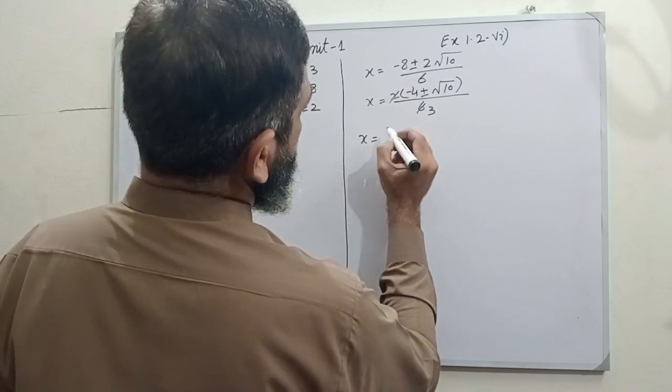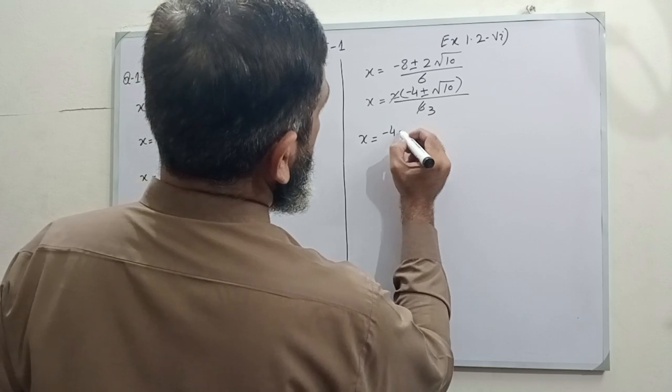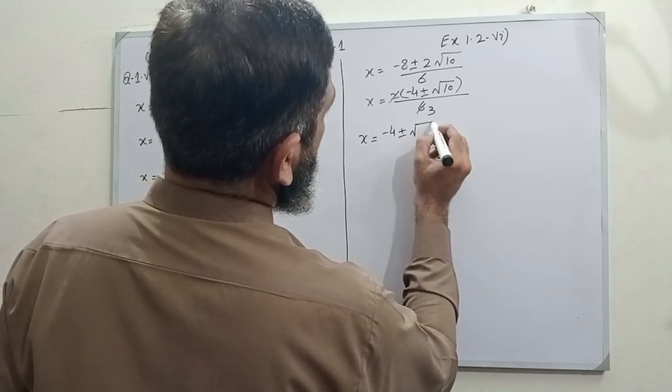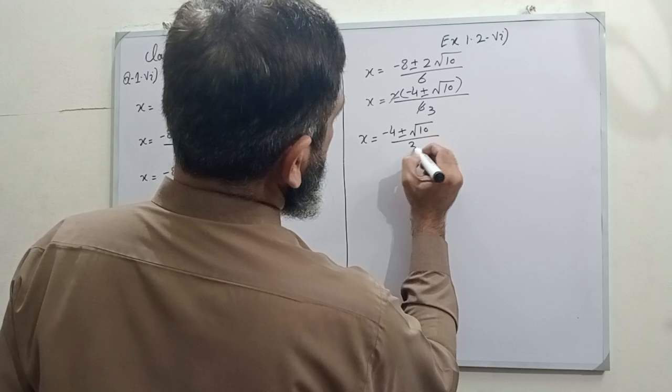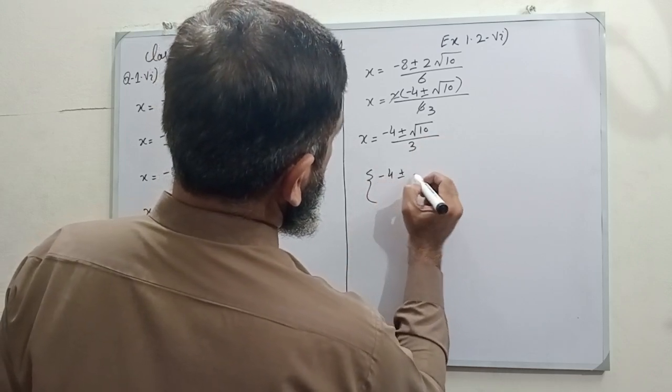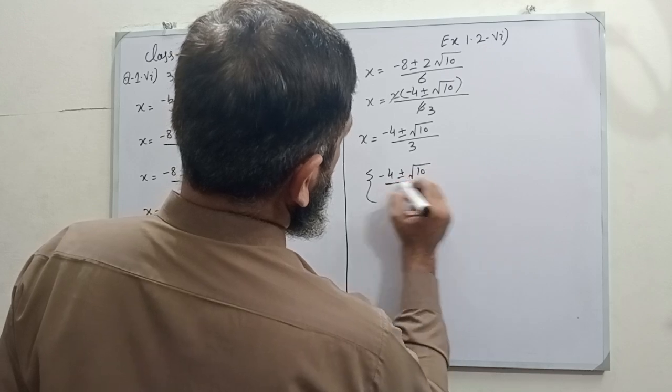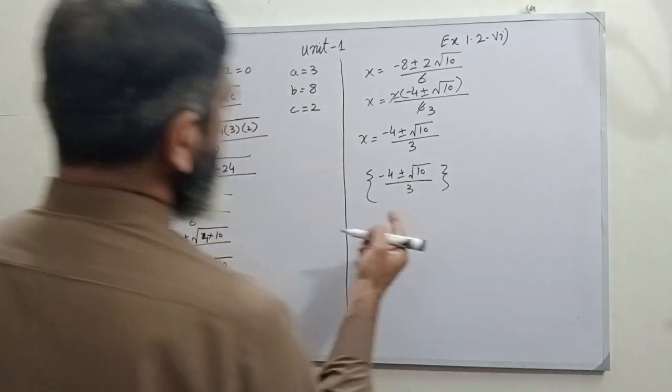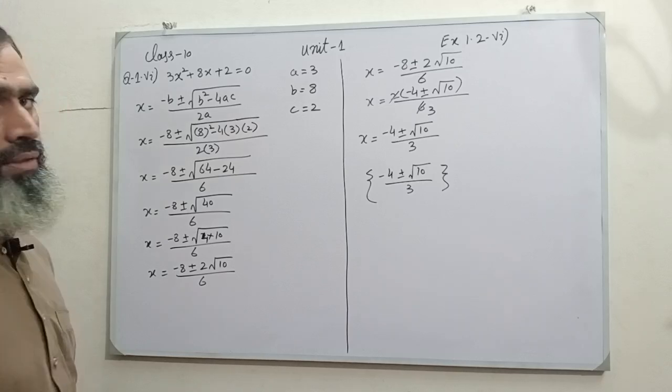Okay, so x is equal to minus 4 plus minus under root 10 over 3. This is the solution set of this equation.